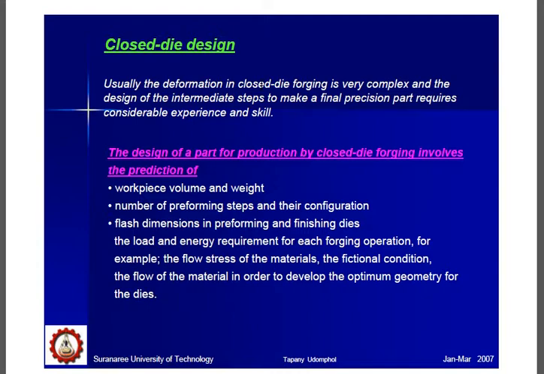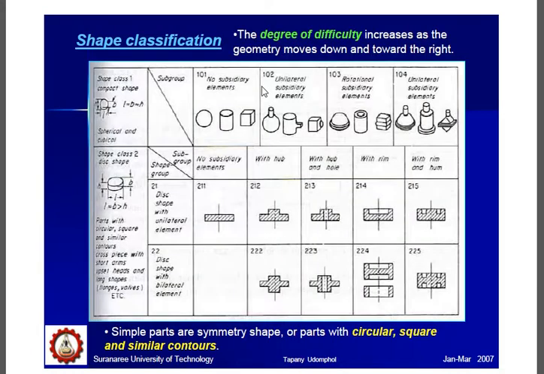The design of a part for production by closed die forging involves the prediction of workpiece volume and weight, the number of preforming steps and their configuration, flash dimensions for preforming and finishing dies, and the load and energy requirement for each forging operation. For example, the flow stress of the materials, the frictional conditions, and the flow of the materials in order to develop the optimum geometry for the dies.